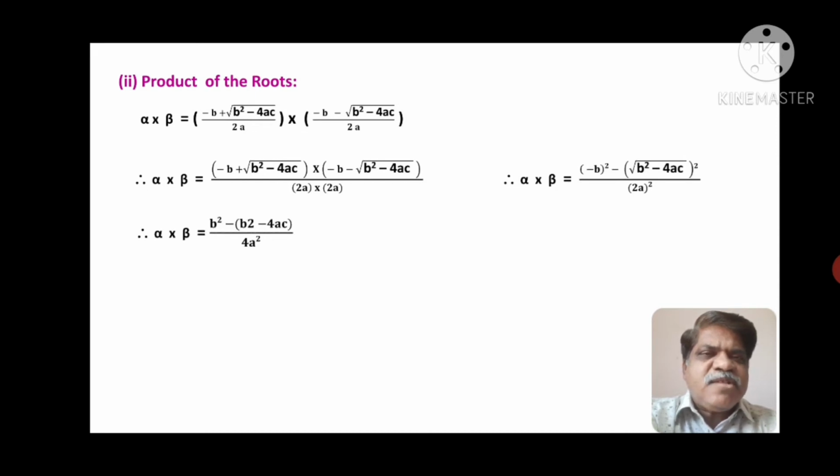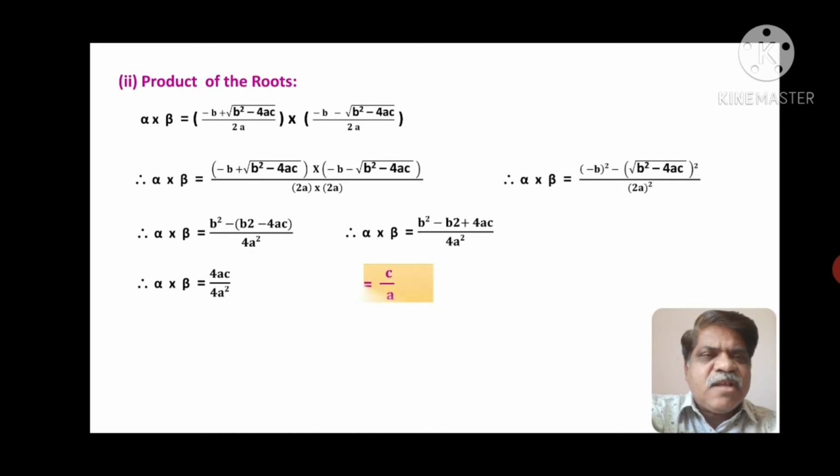Therefore, alpha into beta is equal to b square minus 4ac upon 2a square. Therefore, alpha into beta is equal to b square minus b square plus 4ac upon 4a square. Therefore, alpha into beta is equal to 4ac upon 4a square. 4a gets cancelled, and what is left is alpha into beta is equal to c upon a.